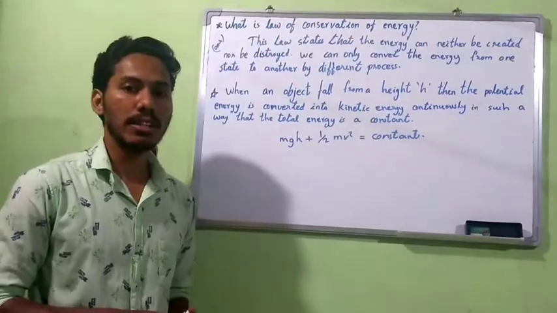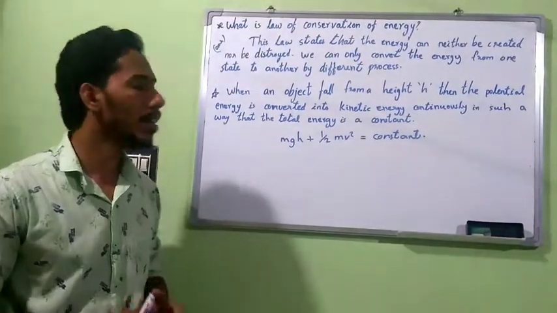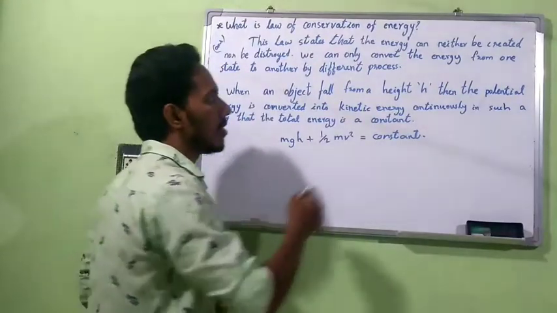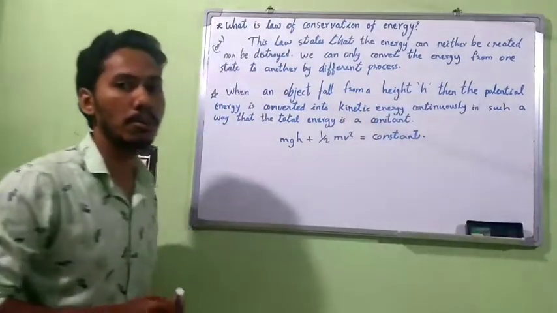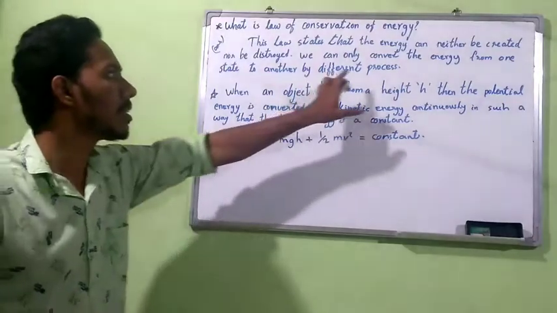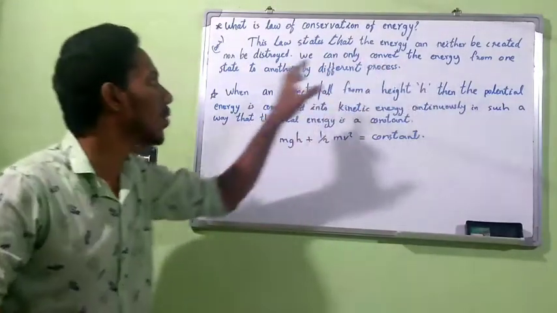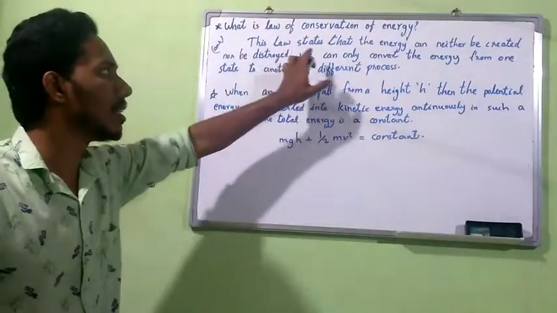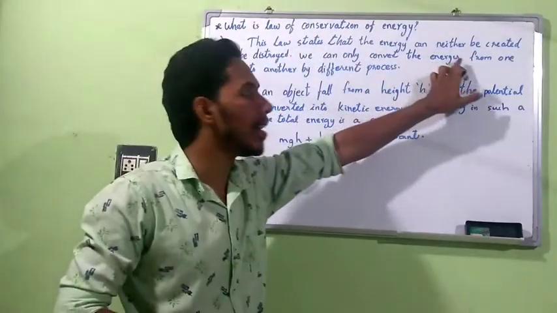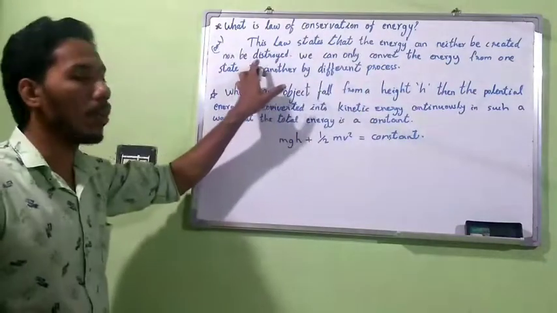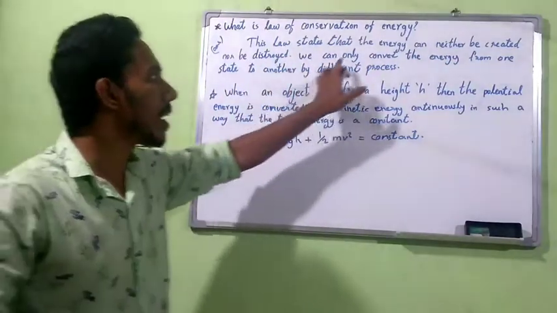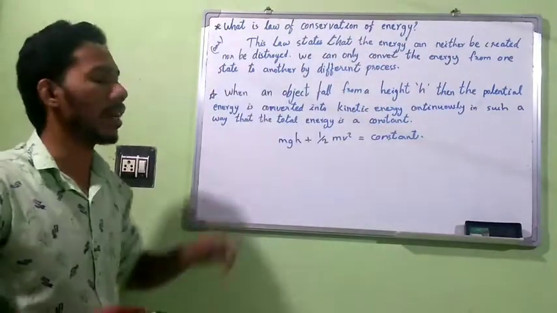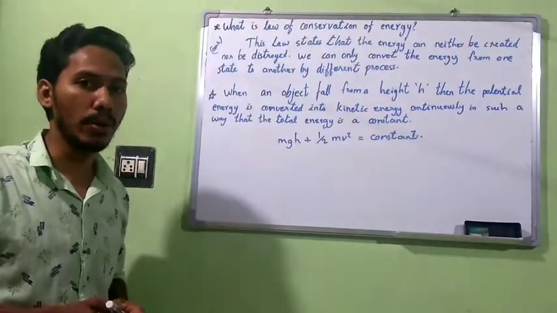Then what is the law of conservation of energy? It is a famous law. The law states that energy can neither be created nor be destroyed, but we can convert energy from one form to another form by different processes.